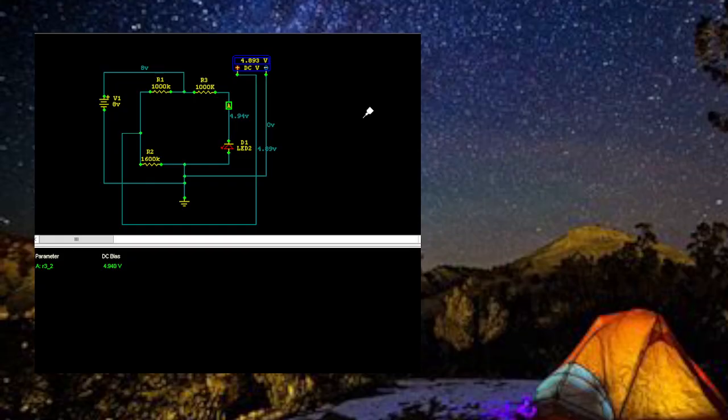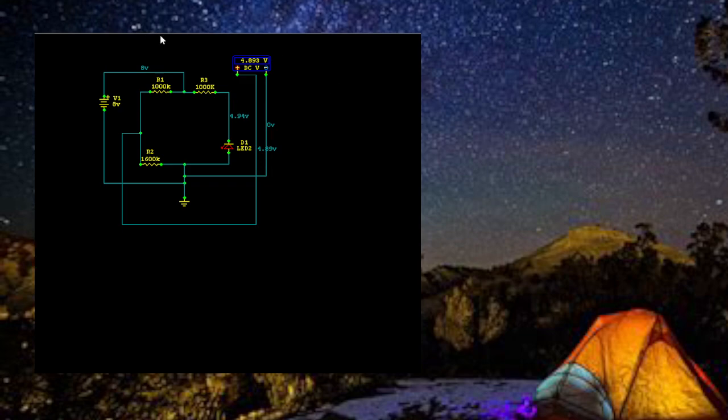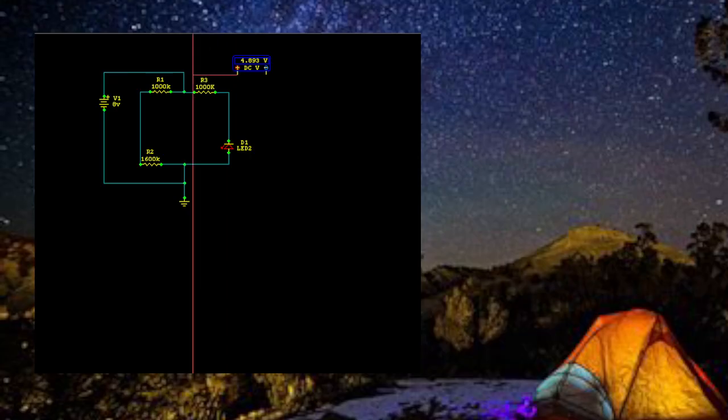That can't be the voltage across the resistor. So if we take this off, remove this, and then take this, go here, take this one, go here.